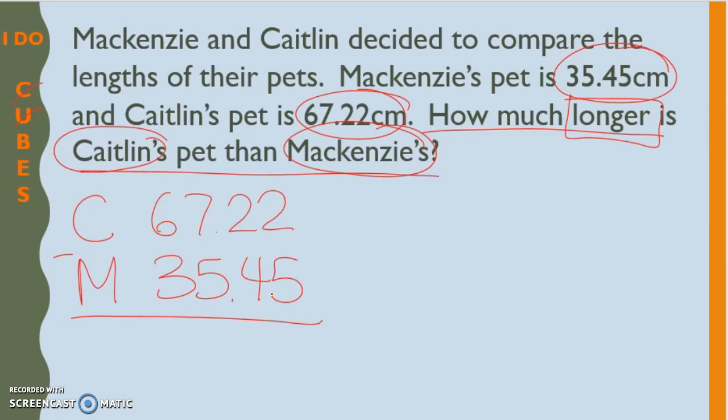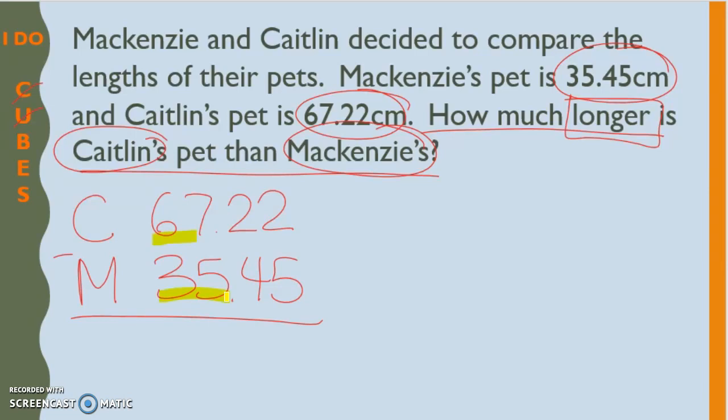Notice that I am not using base 10 blocks. What's the reason why? Well, our numbers are really large, and I don't see myself drawing 67 boxes on the page. That is why we use the standard algorithm, because to draw 67 boxes and then subtract 35, that would work.